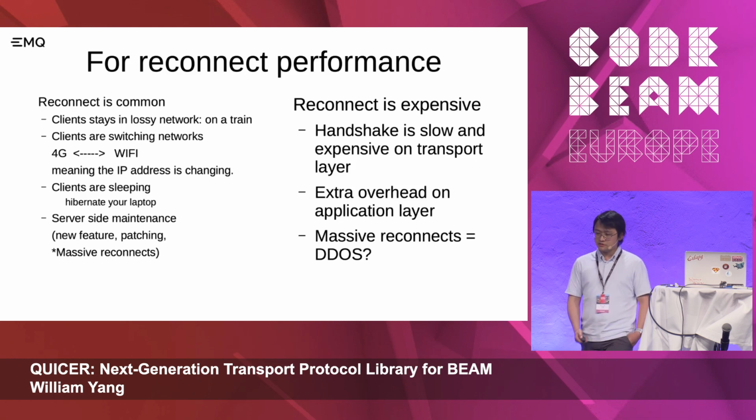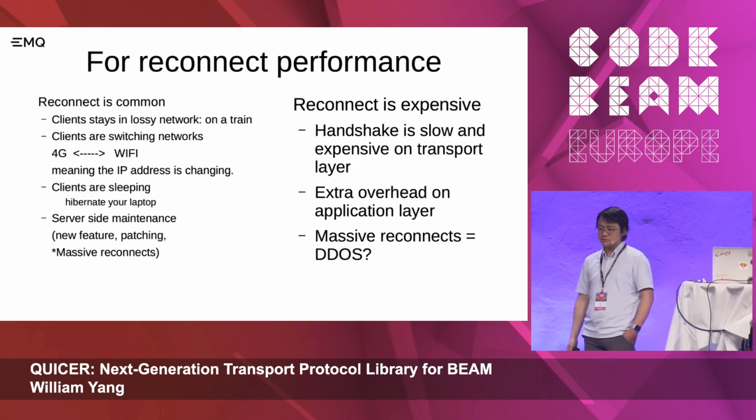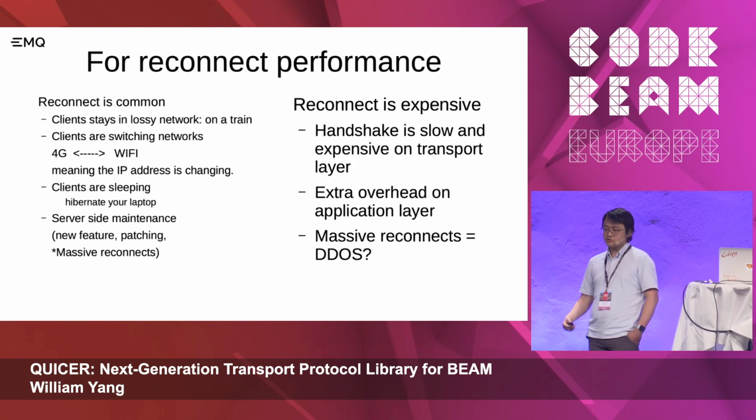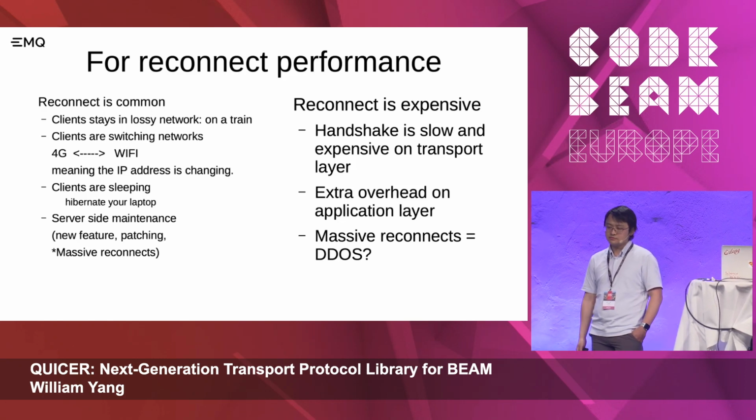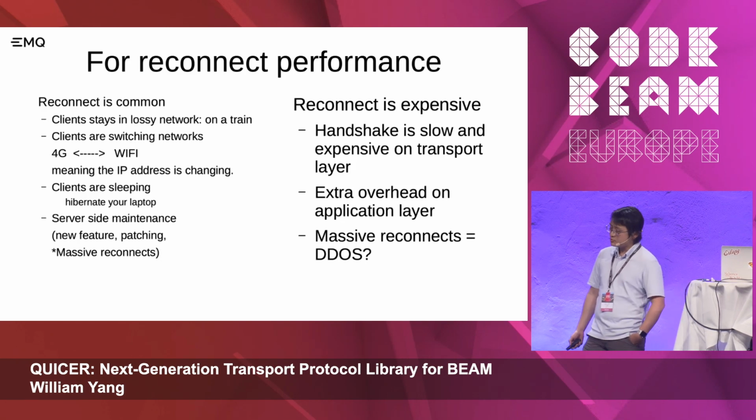Reconnects are very expensive because the handshake is slow. The most CPU usage during TLS is actually on the handshake part. And it is also very many bytes transported on the transport layer.